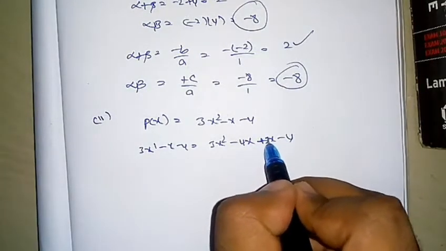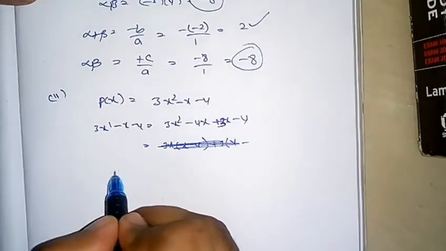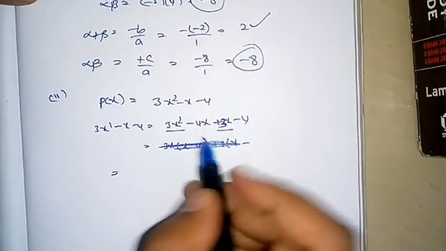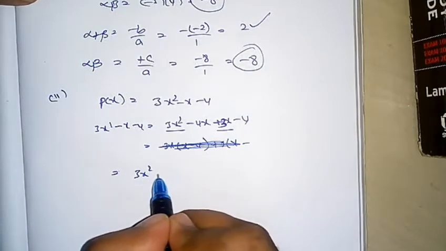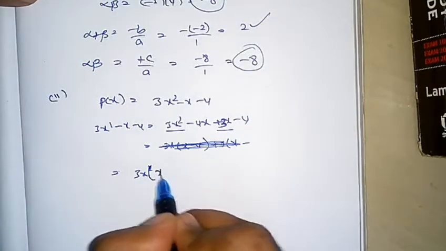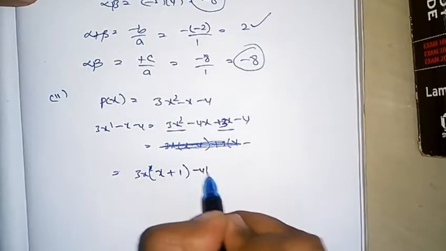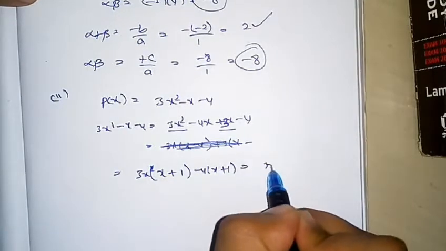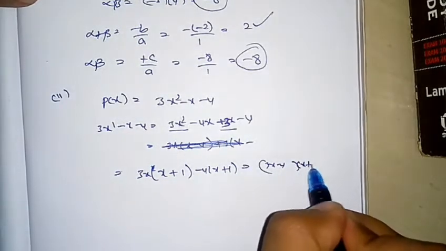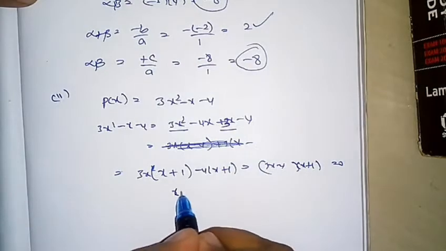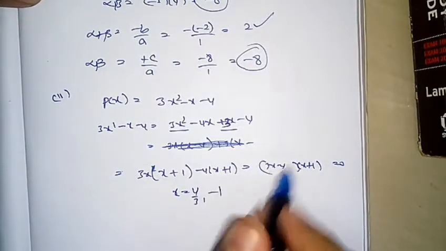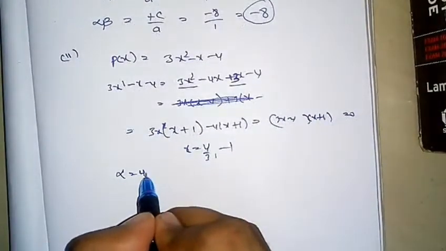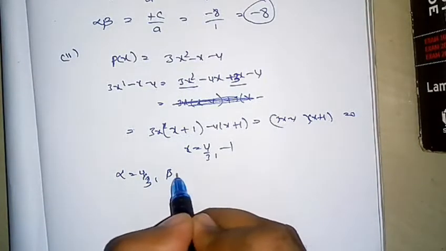What we can do here is group these two terms. So 3x into (x minus 4) wait, 3x square minus 4x plus x minus 4 gives x into 3x minus 4 plus 1 into 3x minus 4, that is, (3x minus 4) into (x plus 1) is equal to 0, which implies x is equal to 4 by 3, minus 1. Therefore alpha is equal to 4 by 3, beta is equal to minus 1.